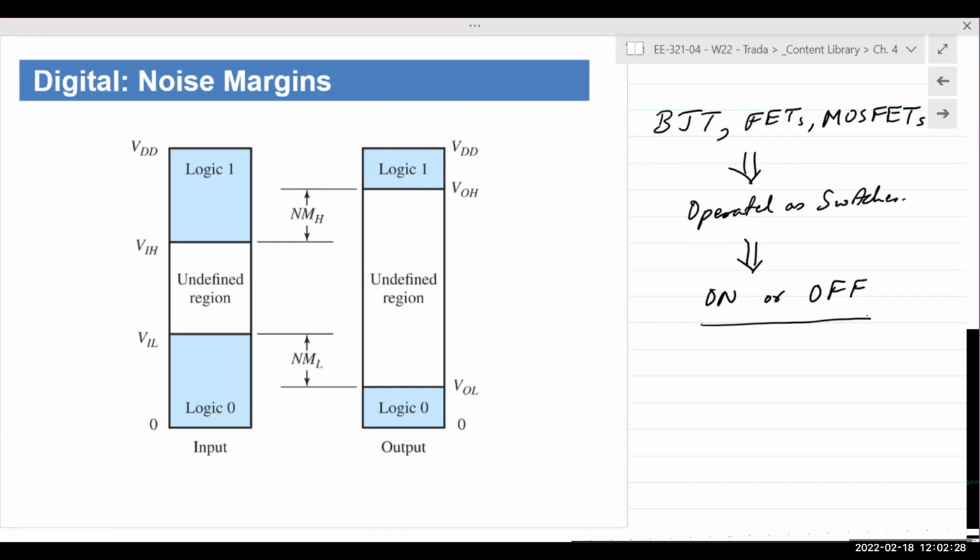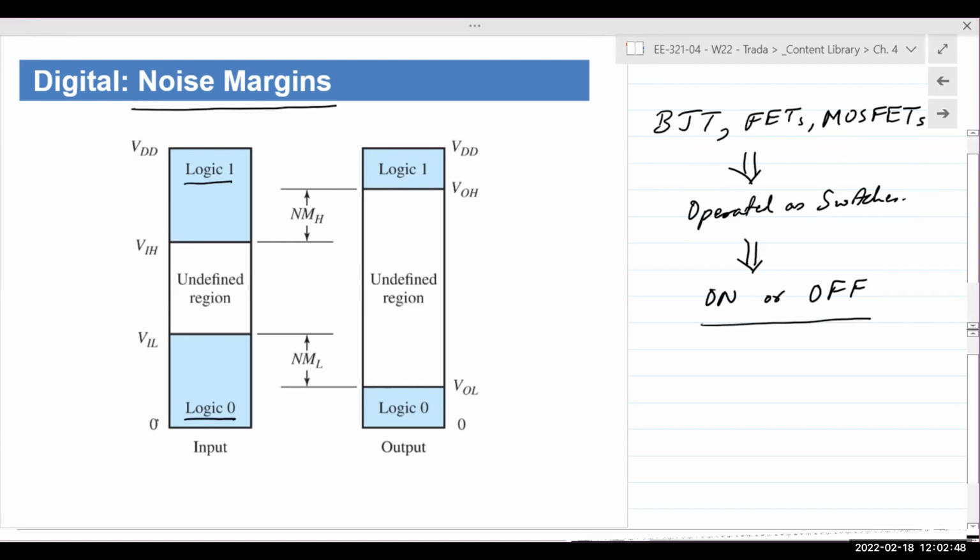Hence the noise margins. Noise margins are basically defined in the system as the noise tolerance that a system can withstand. Okay, so we have to define in a system what we will call logic 1 and what we will call logic 0. So in terms of the voltages, let's say this is ground level, right?